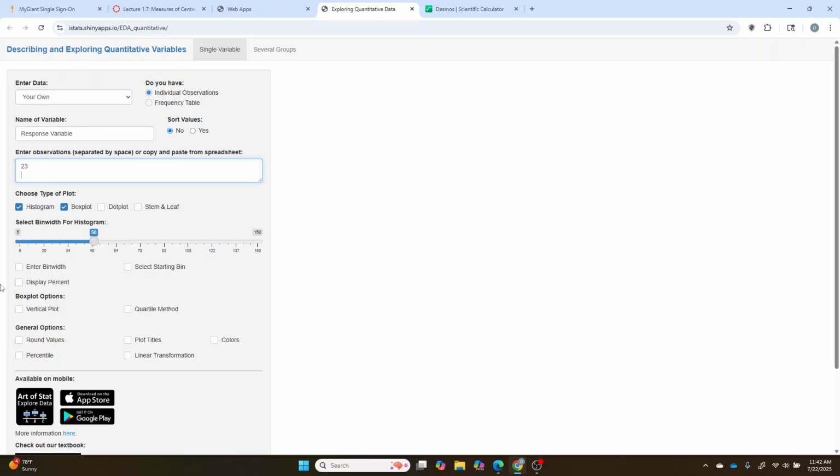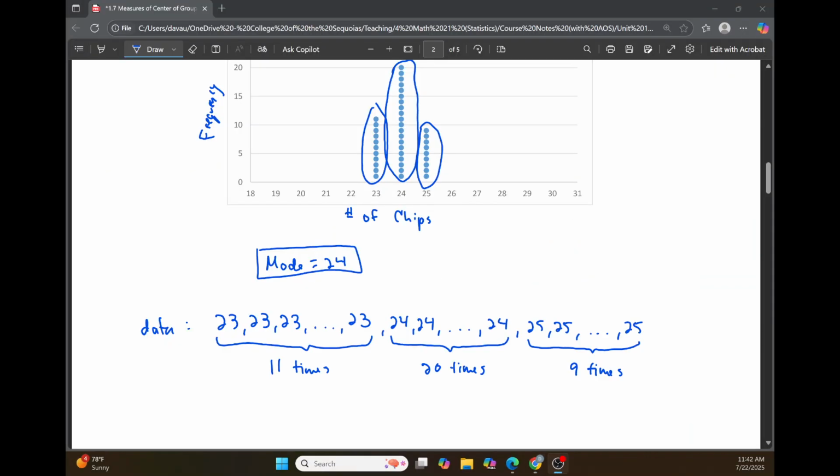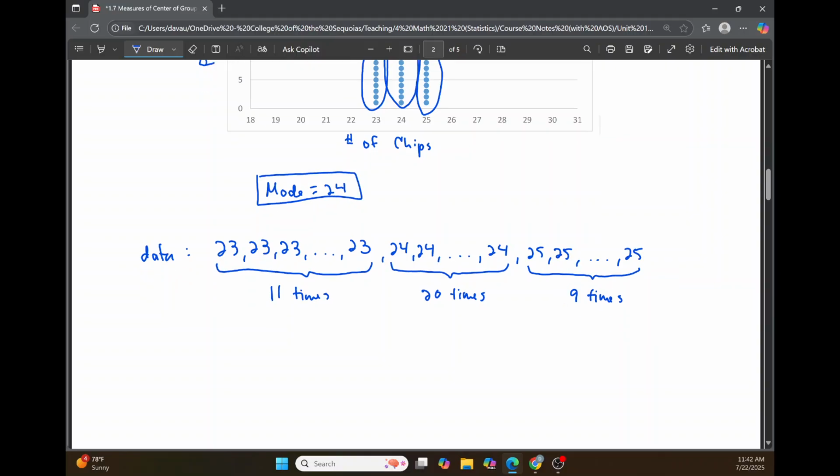I could type in 23, 23, 23, 23, 11 times, and eventually it would calculate the mean and the median for me. But I think a quicker and easier way to do that would just be to do some of this work by hand, right?